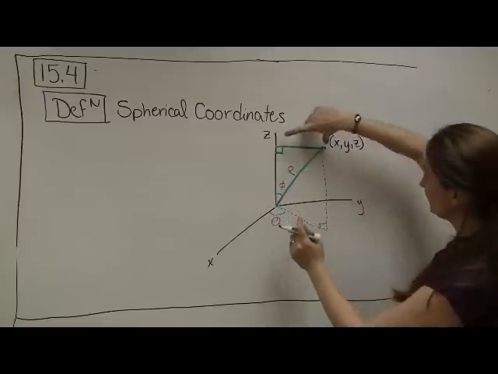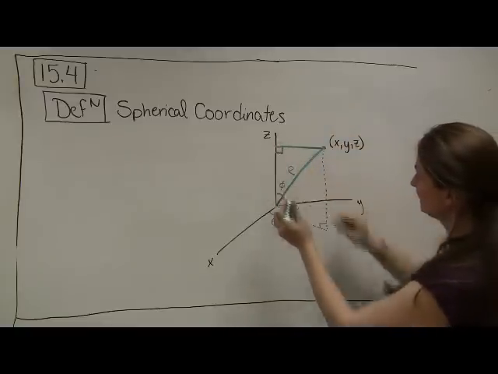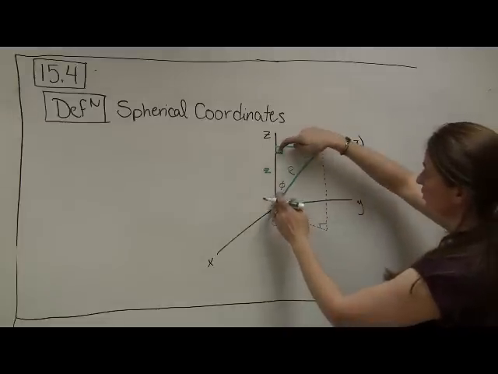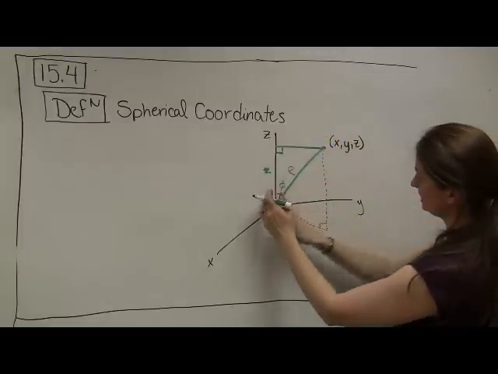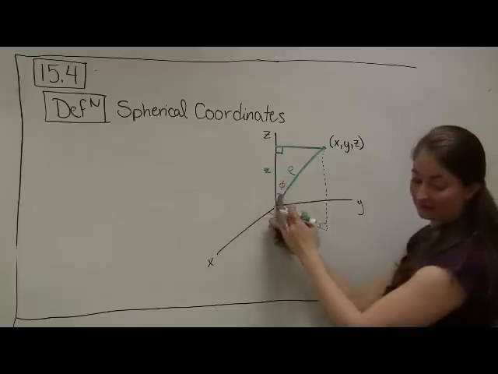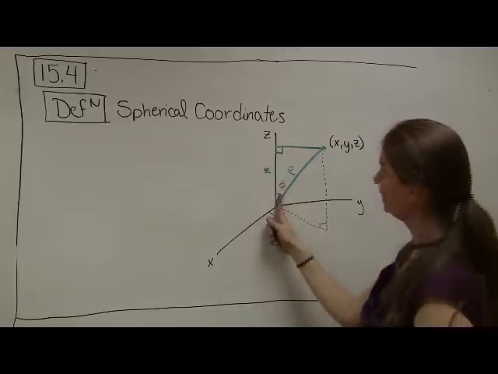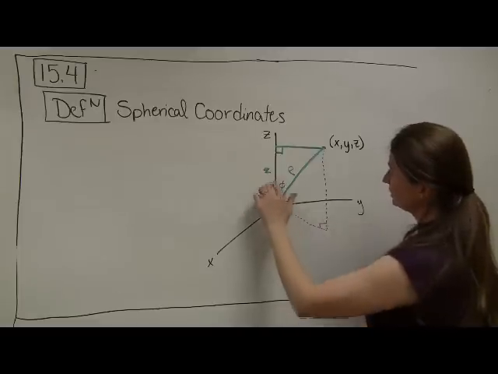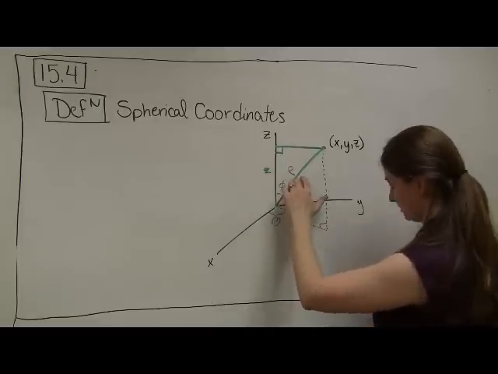And I see that this height, z, is going to be the adjacent side to this angle phi. Meaning that if I were thinking of this as a triangle, the cosine of this angle phi is going to be adjacent over hypotenuse.